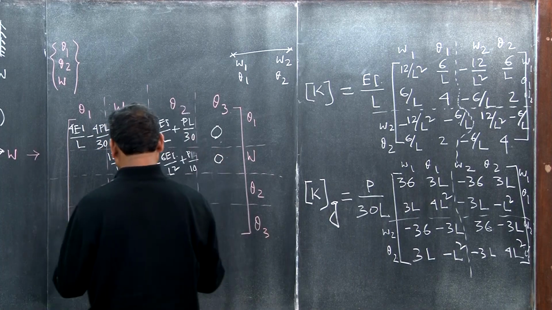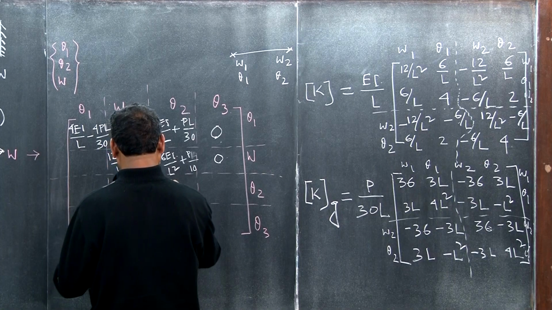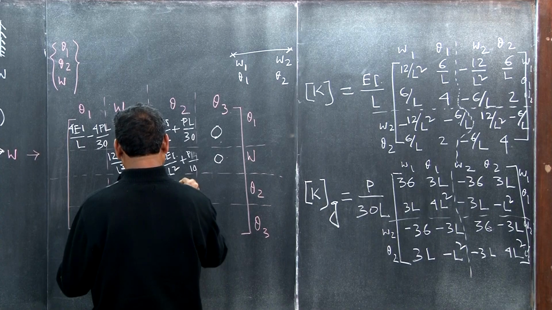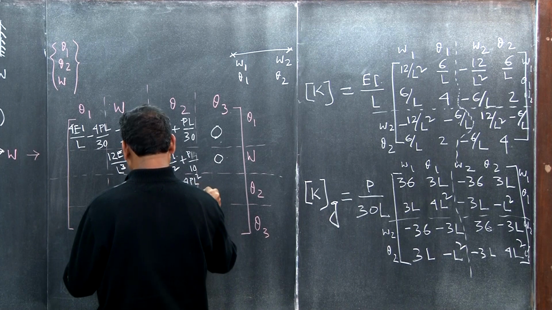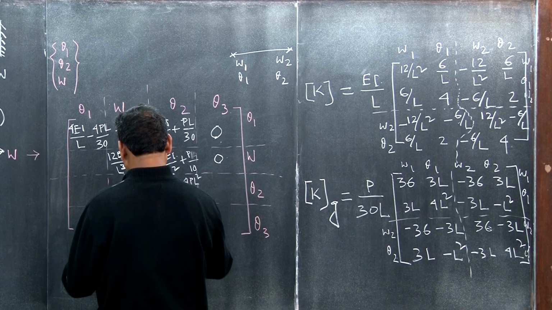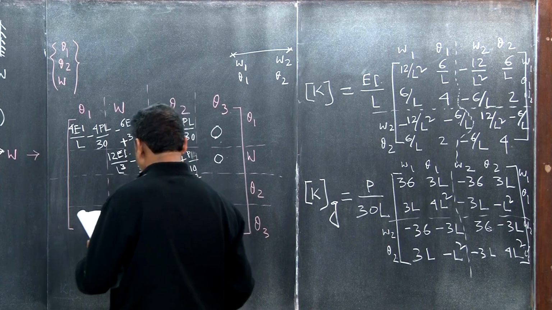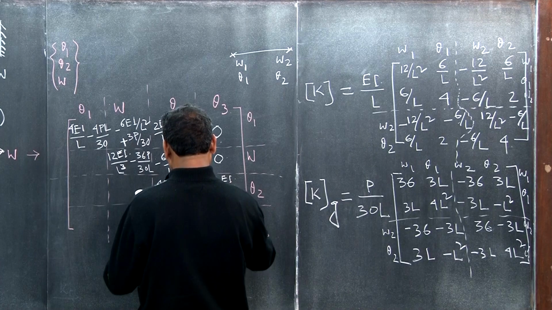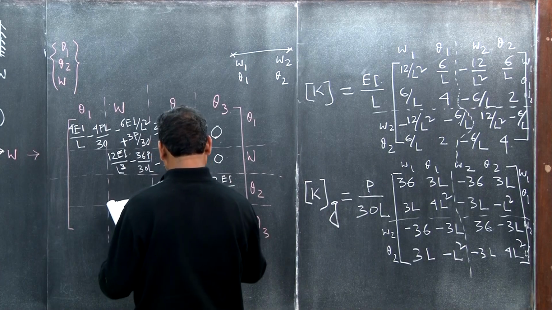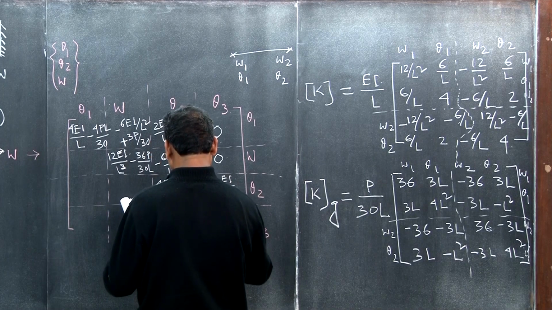So this is 0, and then it is 4EI by L minus 4PL square by 30L plus 4EI by L by 2. Let me explain to you why it is so.